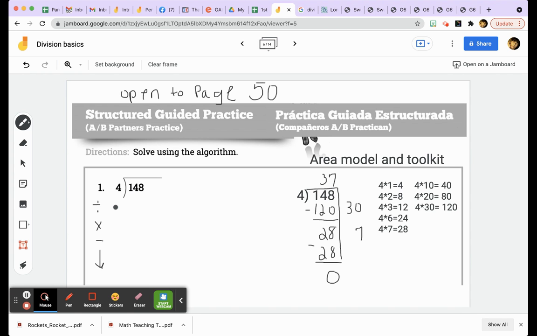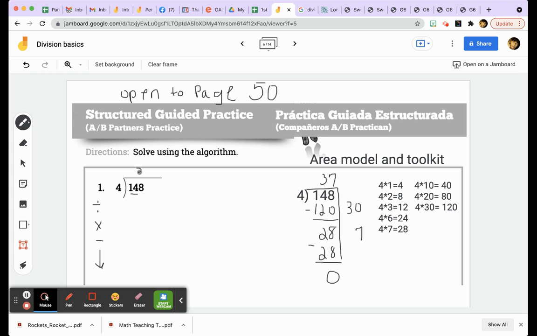So let's see how that works on this side using the structured guided practice. I have 4. Well, 4 won't go into 1, but 4 will go into 14. I'm going to think 4 times 3 is 12. 4 times 4 is 16. 16 is too large.